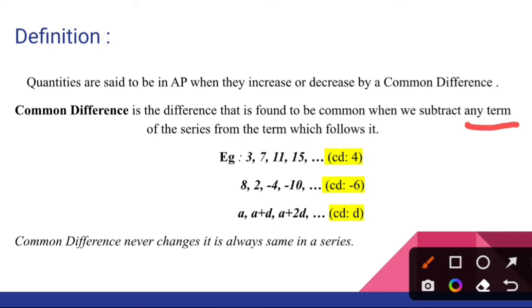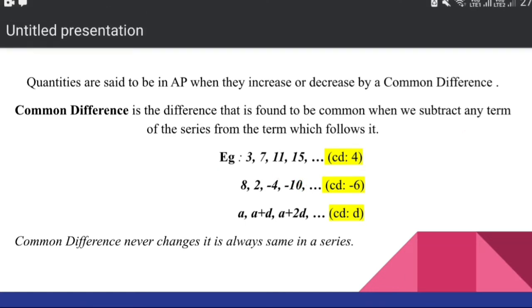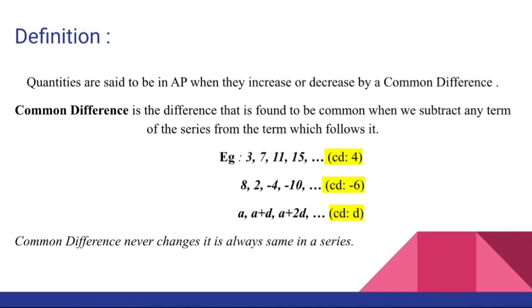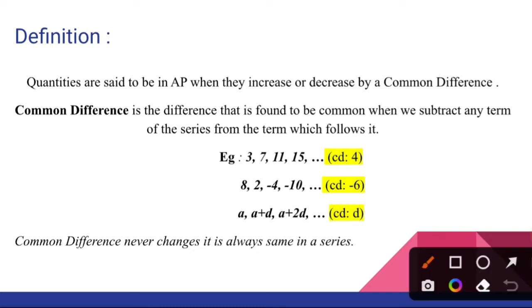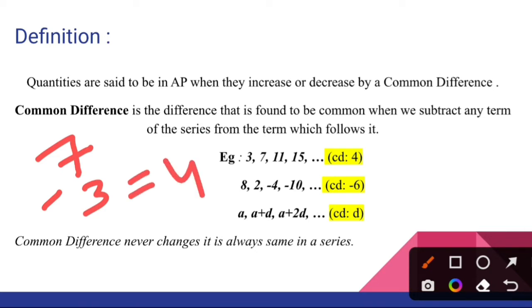There is a term 3 in the example, and there is another term 7. Now the common difference of this series will be 4. How? Because if you subtract 7 minus 3, it comes out to be 4, and for every other term the common difference will always remain the same.